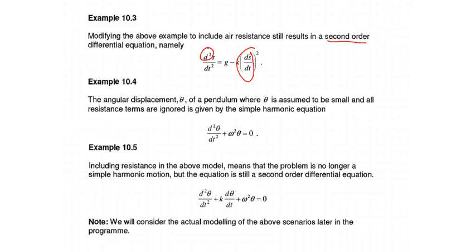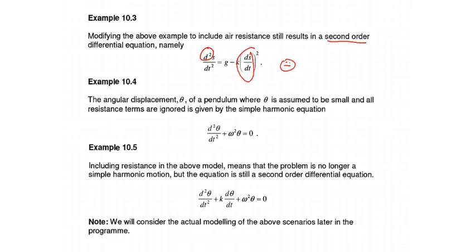This one's not straightforward to solve. This one here, we're looking at how a pendulum acts. We're assuming there's no resistive forces, and the angle is dependent upon the second order differential with respect to time, plus the natural frequency of the pendulum squared, and then the angle there.